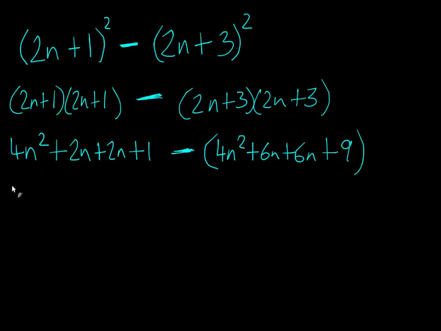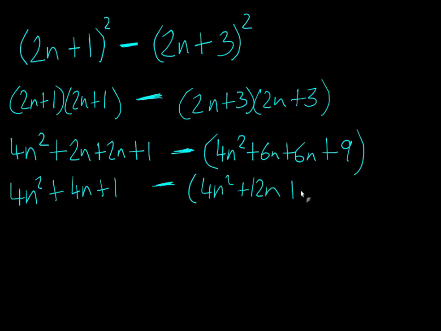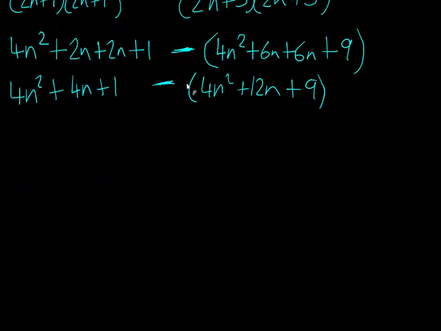Okay, so let's simplify those down. We get 4n squared plus 4n plus 1 minus, and then we have 4n squared plus 12n plus 9. And again, be careful because we're subtracting this whole expression here, this whole bracket here.